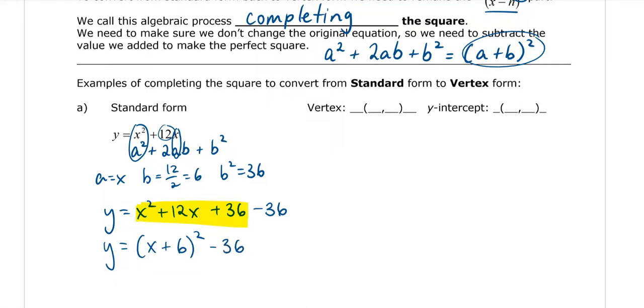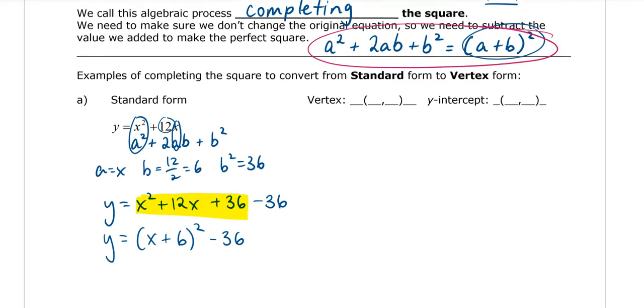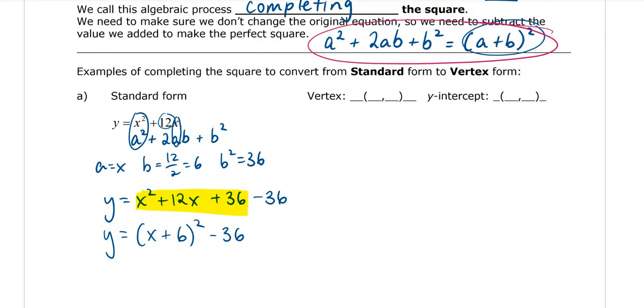Why? Because I'm just following this formula that I have up here. So y equals x plus 6 squared minus 36. The vertex is negative 6 and negative 36. The y-intercept is 0, 0, because there's no c value. c equals 0.